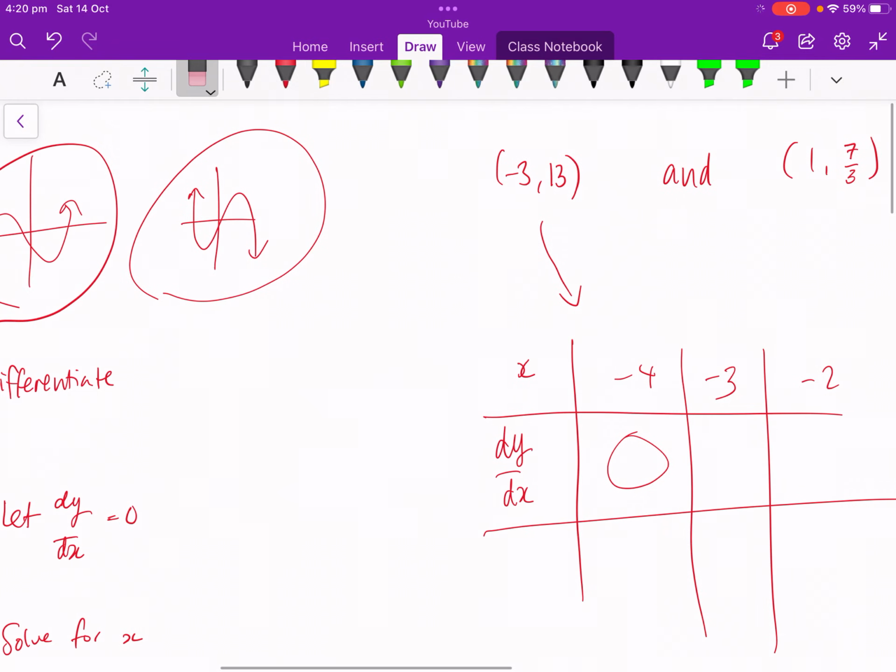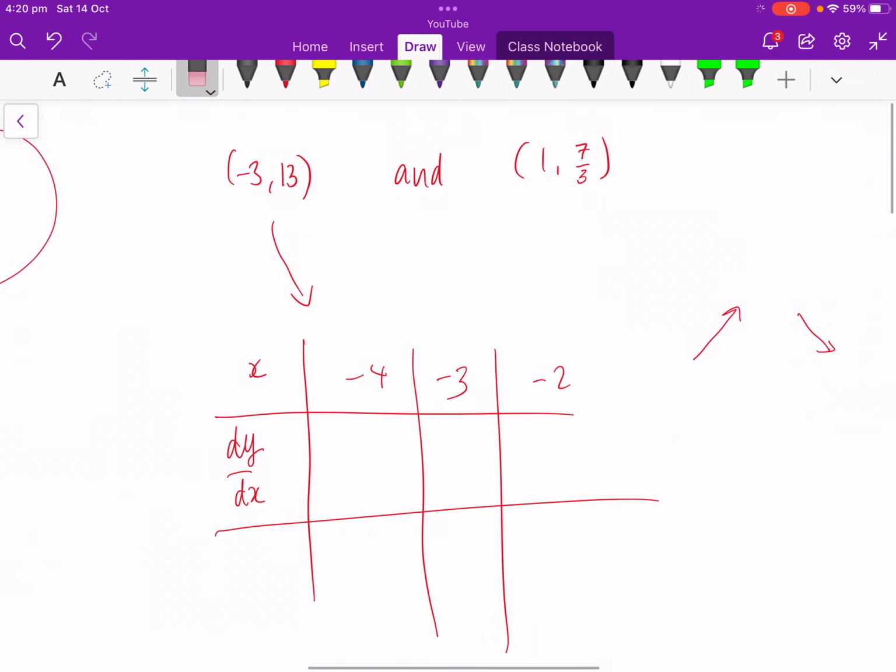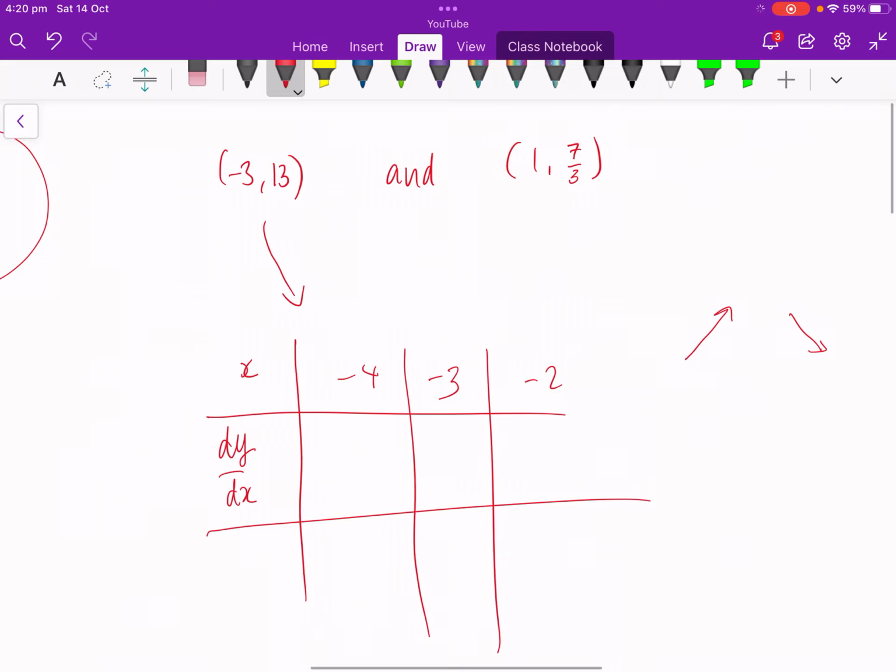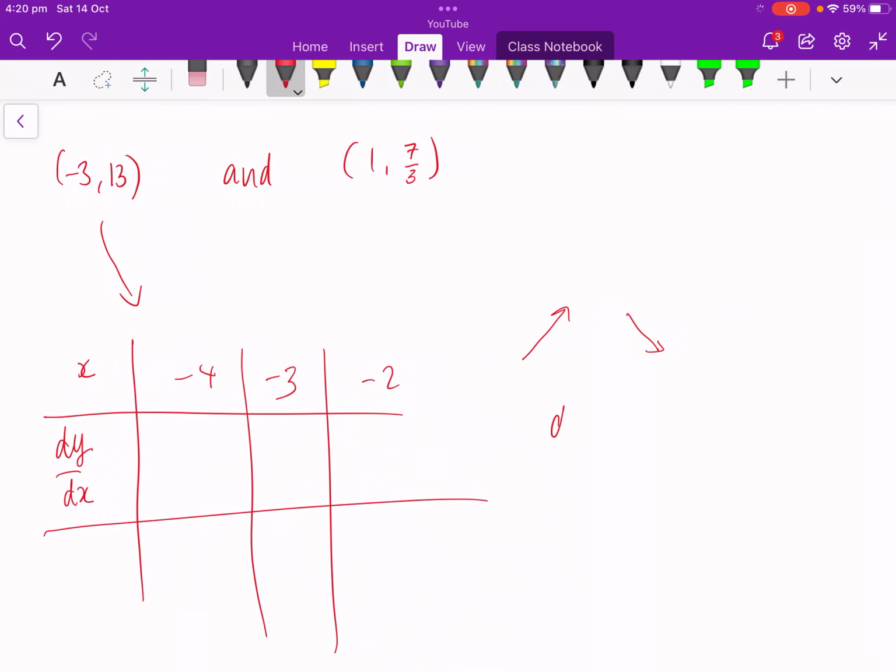So if I substituted in, this is what I would write in my calculator: negative 3 squared plus 2 times negative 3, take 3, and you would see if your answer is positive or negative.